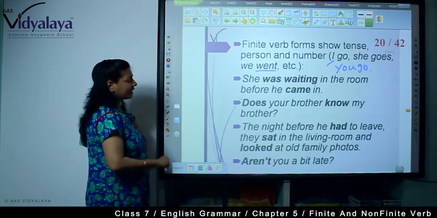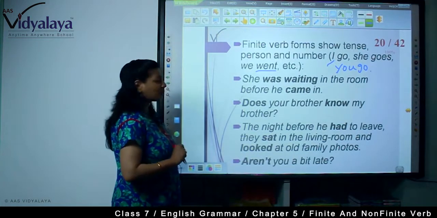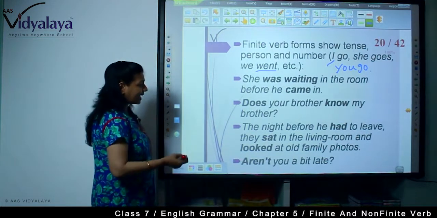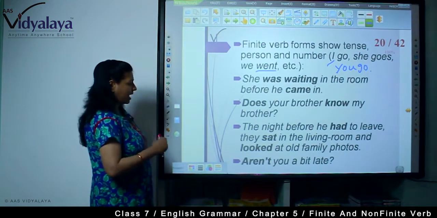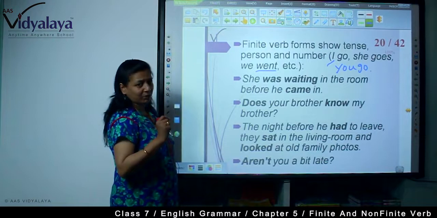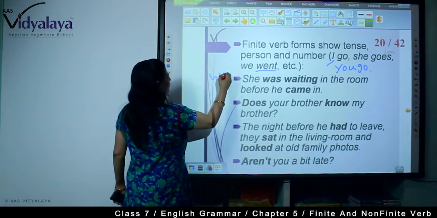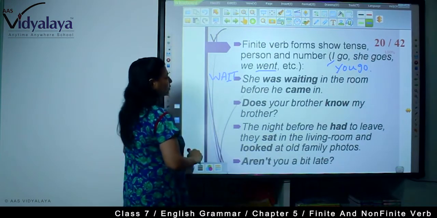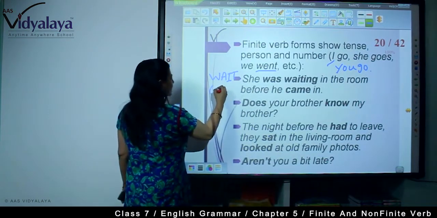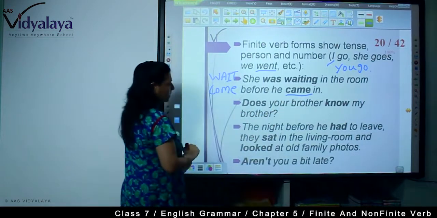She was waiting in the room before he came in. Does your brother know my brother? The night before he had to leave, they sat in the living room and looked at old family photos. See, in all these, wait is a main verb, and it's changing into waiting. Come is the main finite verb and it has become came.